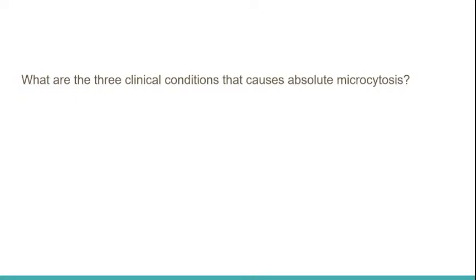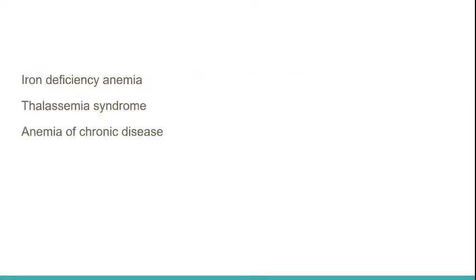This is iron deficiency anemia, thalassemia, and anemia of chronic disease. Really? Yes, really. These are the only disease states wherein you'll see microcytosis 90% of the time.